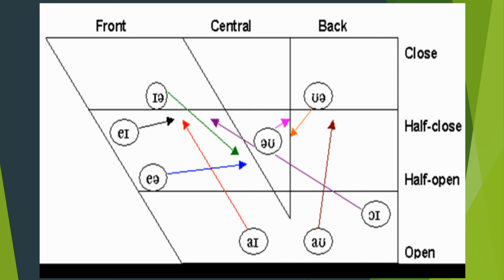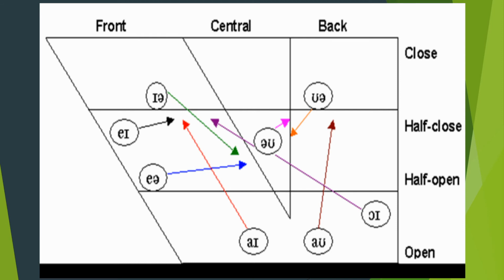So there is a glide from first element to second element. Now in this third cluster, the first diphthong is gliding towards A from E. This is the green arrow. Ea. And another sound that is gliding towards A.